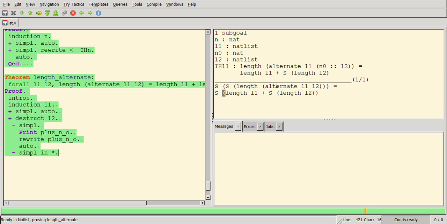Yes, the expression in the inductive hypothesis also reduced, so this may be helpful. So let me continue with this. Here we have length L1 plus length L2.